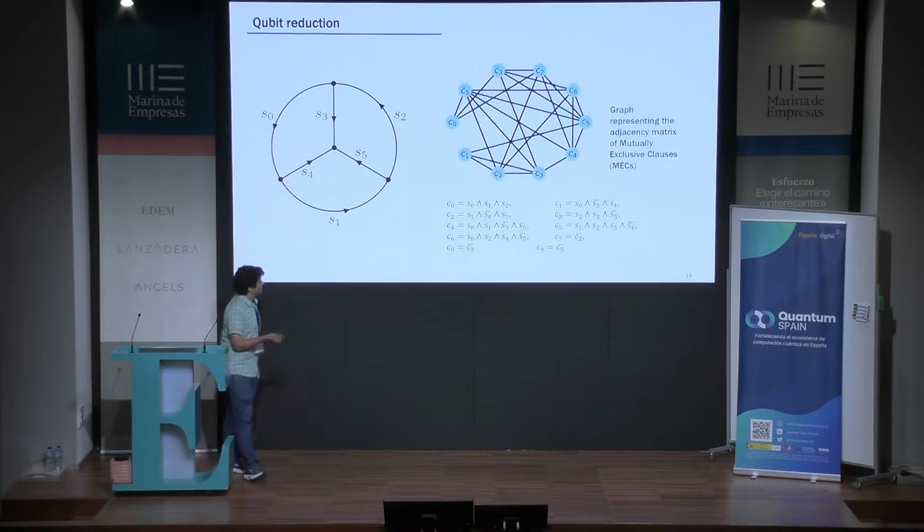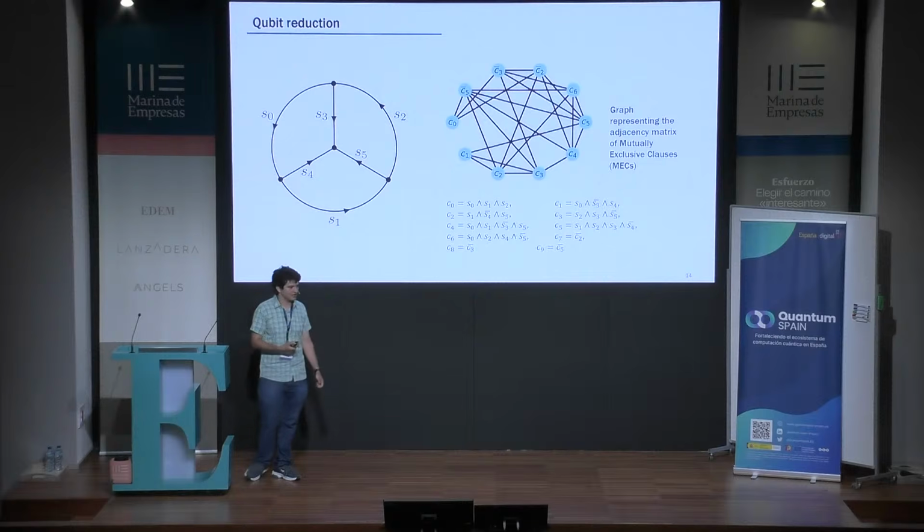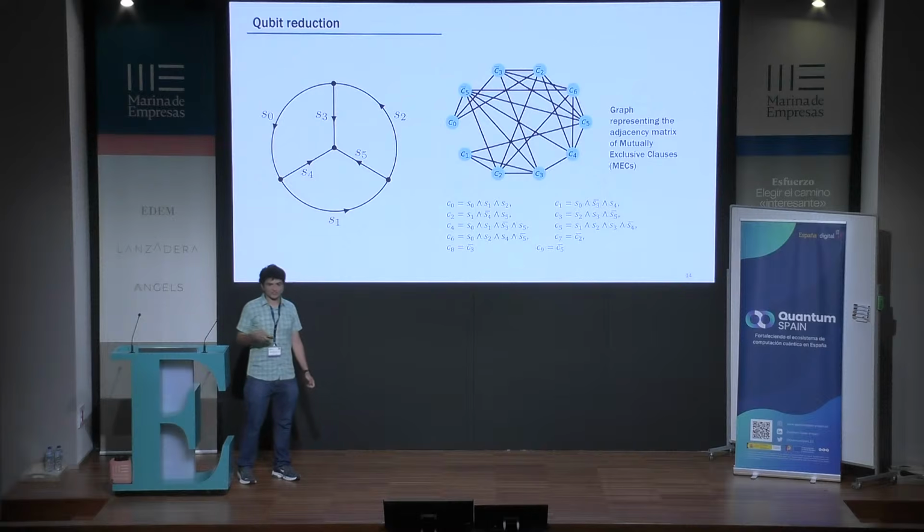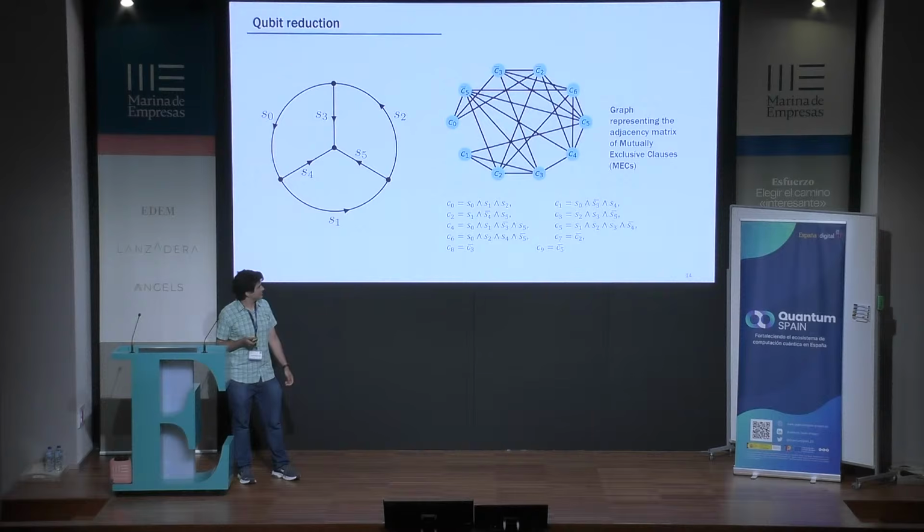So first, in the qubit reduction, we have to represent the diagram with the different clauses as a graph that represents the adjacency matrix between each of the clauses. 1 marks clauses that are mutually exclusive, and 0 means they share a configuration.